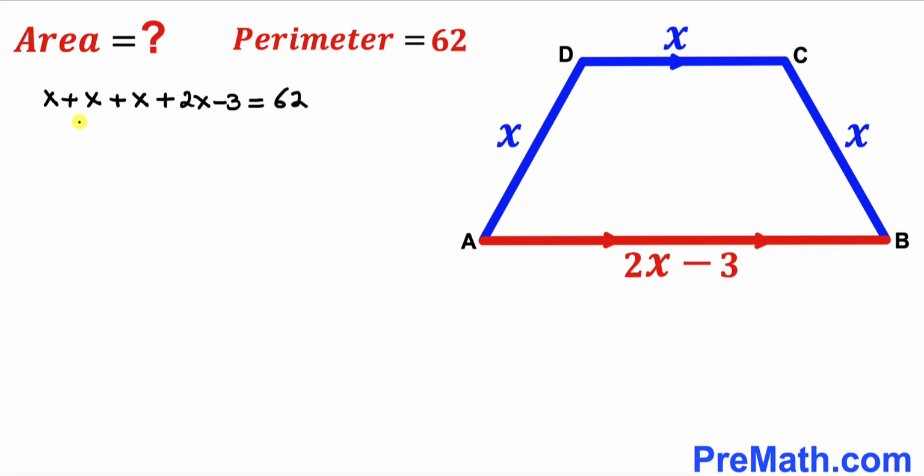Now we combine the like terms, so we have 5x minus 3 equals 62.